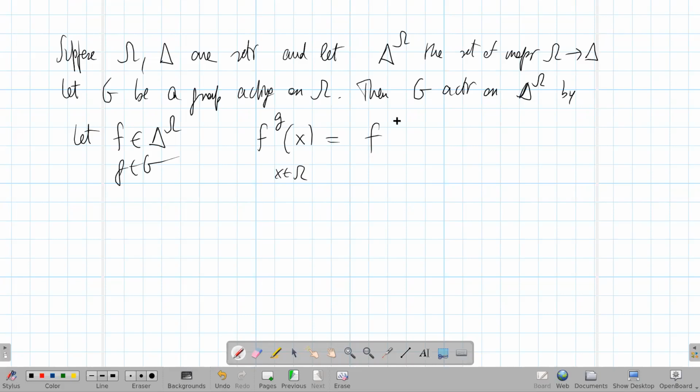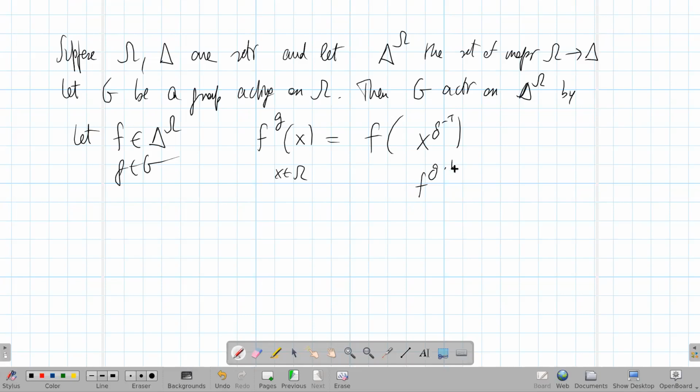And this will be f of x g inverse, okay? Because by assumption G acts on omega, so this is the action of g inverse on x in omega. And you need to take this inverse because you want this to be a right action.